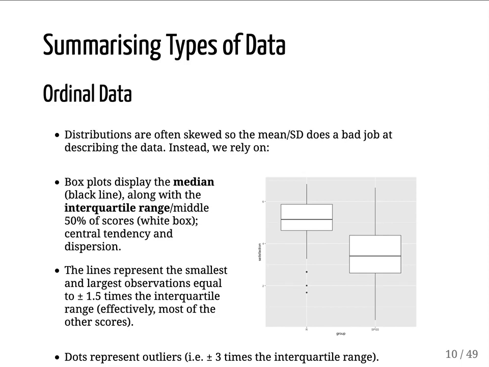So I may be looking at how much people like or are satisfied with the statistics tools that they're using. Here on the plot, I'm looking at R versus SPSS. And how satisfied are you? I might use a measurement scale for this, and I just ask people on a scale of 1 to 7, 1 being I hate it, 7 being I love it, how satisfied are you with the software package that you're using for doing your stats?